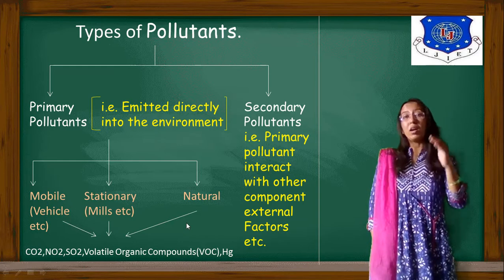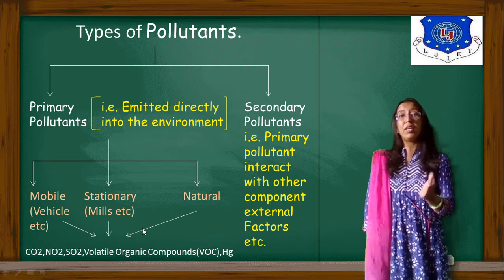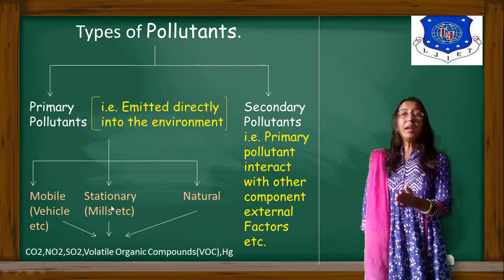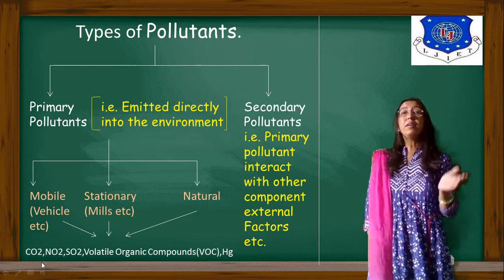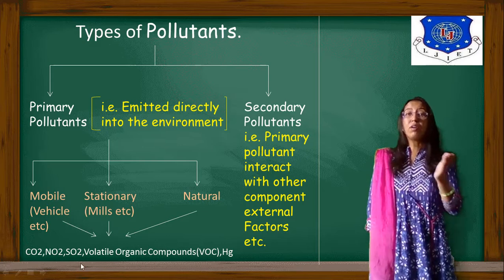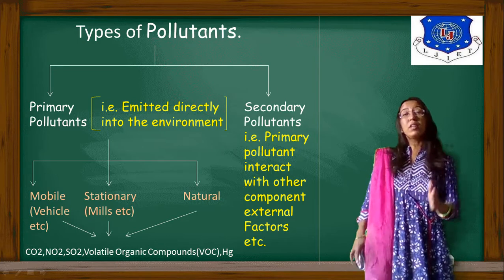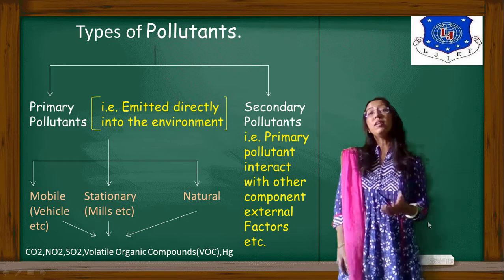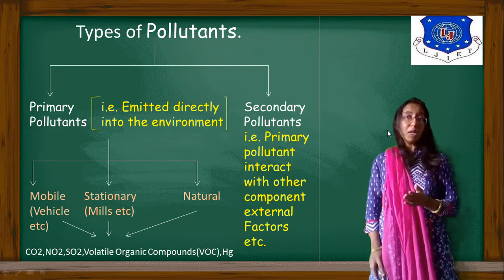Primary is again divided into three parts: mobile, stationary, and natural. Due to these pollutants, carbon dioxide, nitrogen dioxide, sulfur dioxide, VOC and mercury are created.